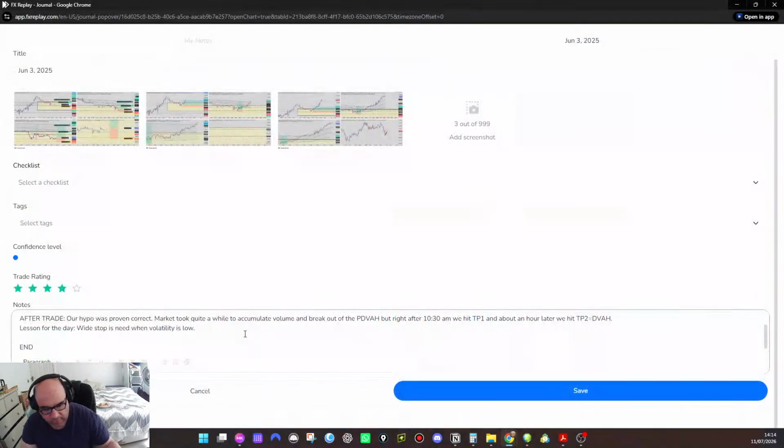So I'm just writing some notes so we can see here right after trade, and I say end of the session. So I'm gonna write end of the trading day, and we can see that market backtested the previous feedback.